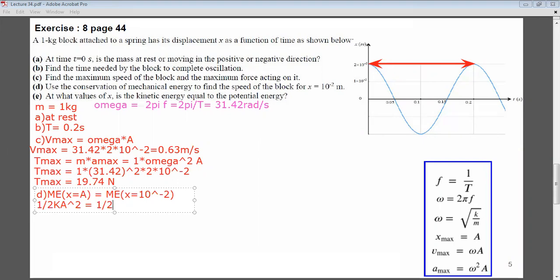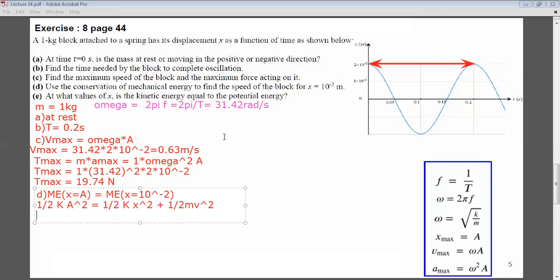This is equal to half k x squared plus half m v squared. So EPE at x equal to A is half k A squared, right? Mechanical energy at x equal 10 power minus 2 is half k x squared plus half m v squared. Now I can remove all the halves.